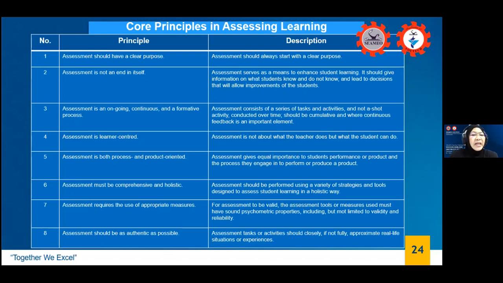Okay, next. Assessment is learner-centered. What does that mean? All activities that we do in the classroom are all focused on ensuring that our students are able to perform, meaning student-centered, learner-centered.